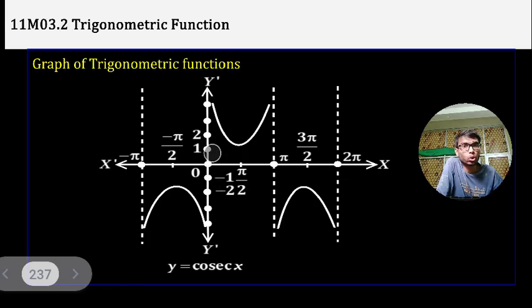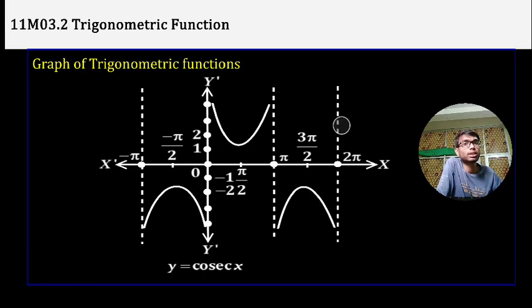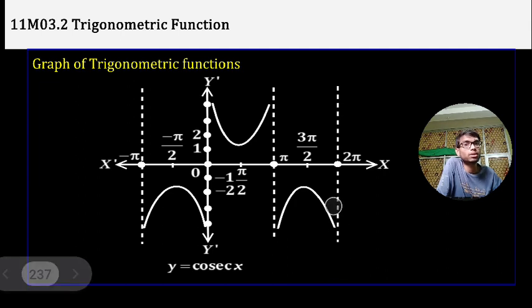Cosec 0 is what? Infinity, but cosec 90 is 1. Then again at 180 this is infinity. Now it is minus 1, and over here it is infinity, minus infinity.